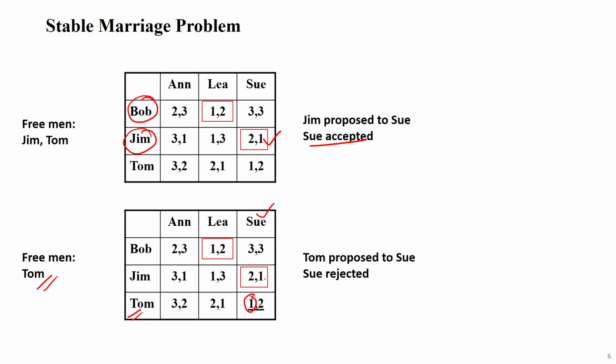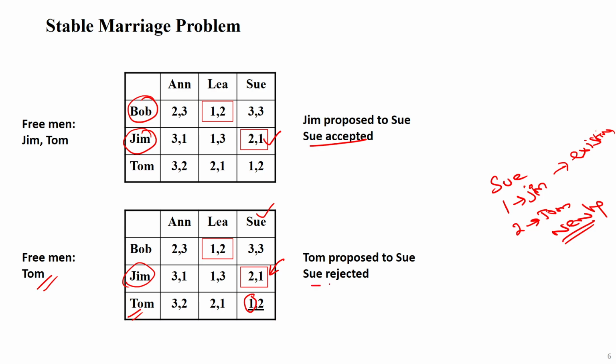So here Shu is already matched with Jim. Now Shu is checking her rank list. In her rank list, the first person is Jim, and the second person is Tom. So Tom is the newly incoming proposal, and Jim is the already existing one. The existing person is better than the newly coming proposal. So she is rejecting Tom's proposal.